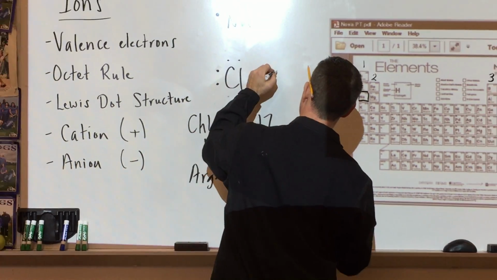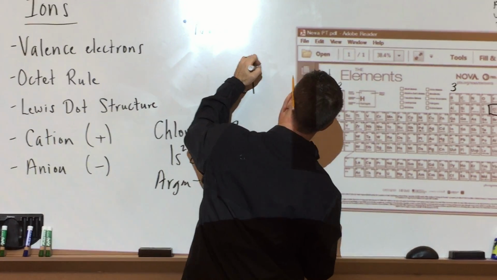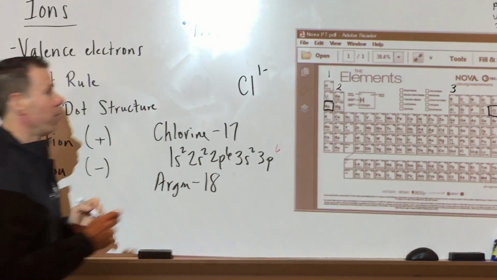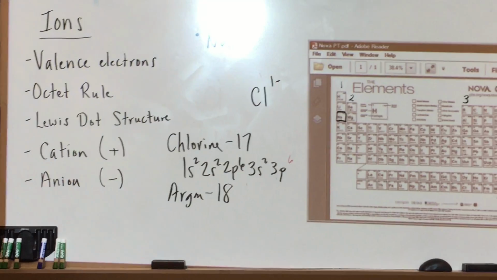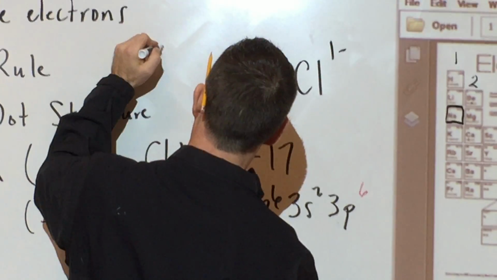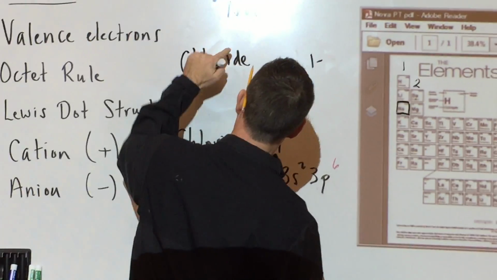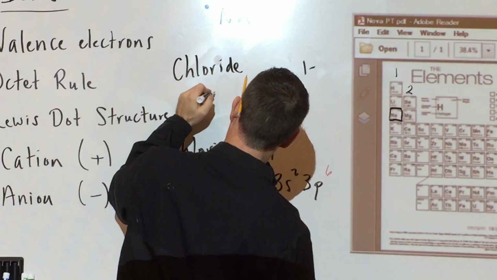When it gains an electron, it has a -1 charge. And so we would call this a chloride anion.